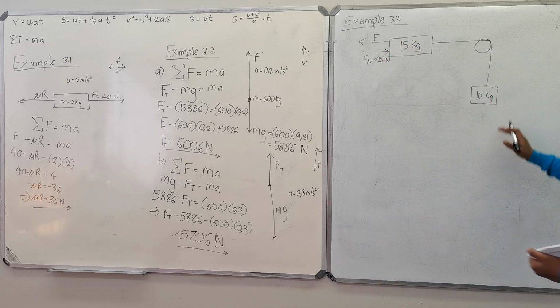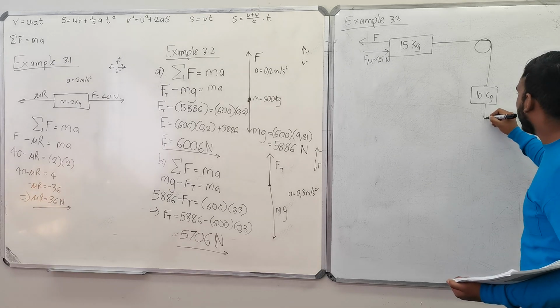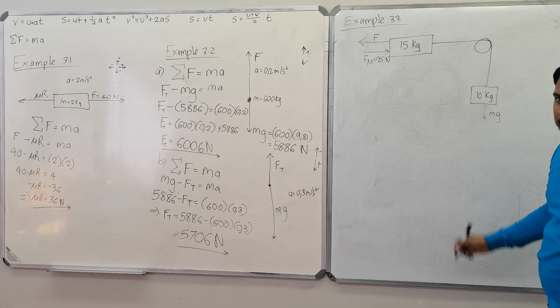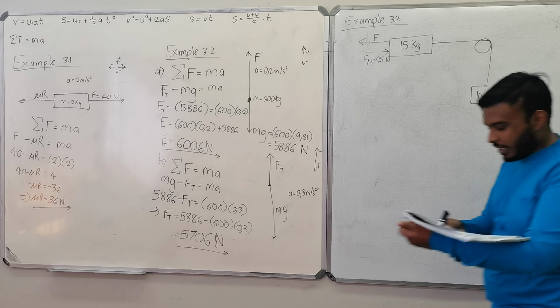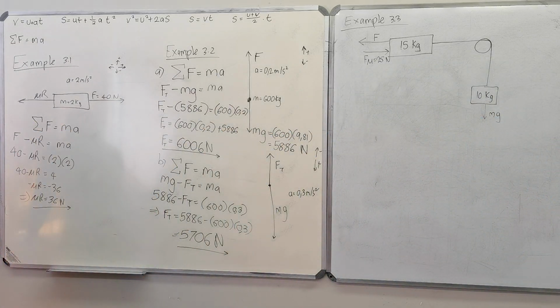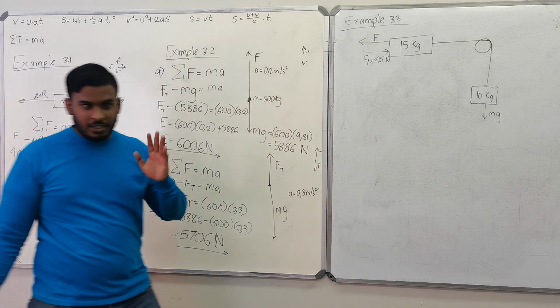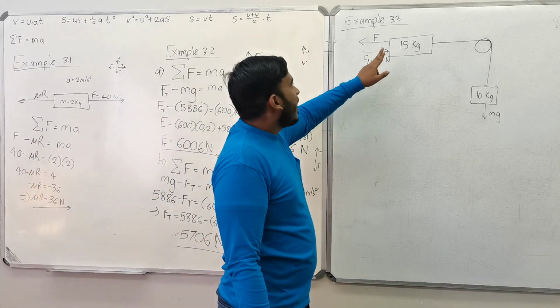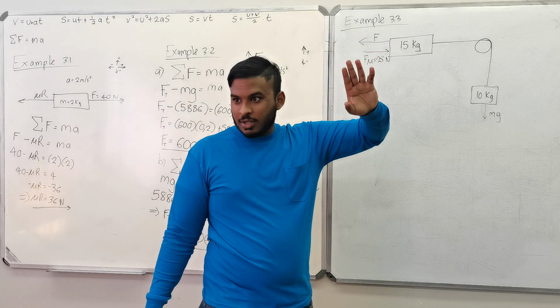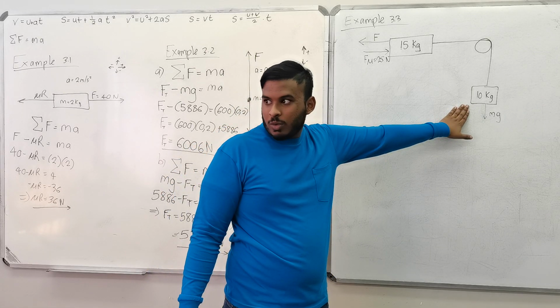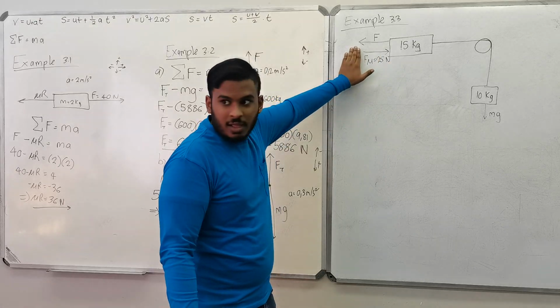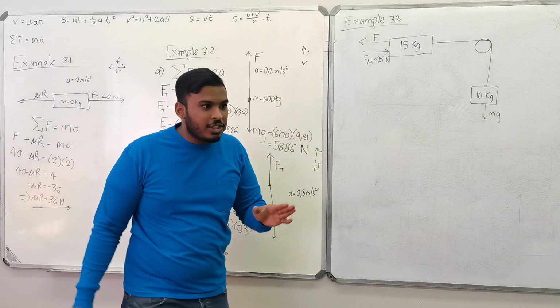This block is basically dangling in the air, so what's going to act on it? Gravity. This force will act down, mass times gravity. So far we're all on the same page. In terms of my directions, pay attention: in terms of left and right, is anything acting on this horizontally? No. Your applied force is in what direction?